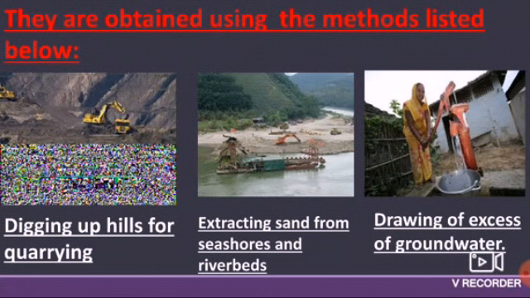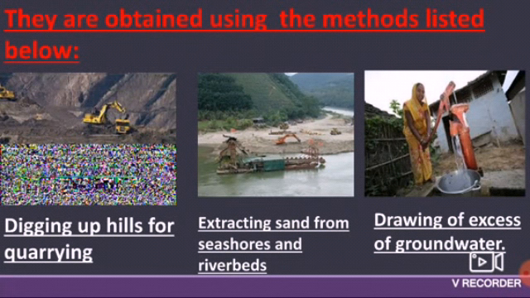In order to get the materials required for construction, we have to dig up the hills. So we are harming our natural resources. Second, extracting sand from seashores and river beds. The sand which we are using, where is it coming from? The sea. Somewhere we are harming the environment.